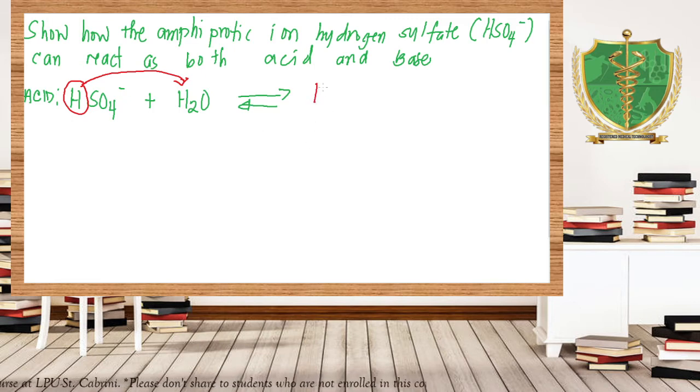It will produce hydronium ion plus our sulfate. Okay? In that case, this is an example of an acid reaction. Hydrogen sulfate ion reacts as an acid.